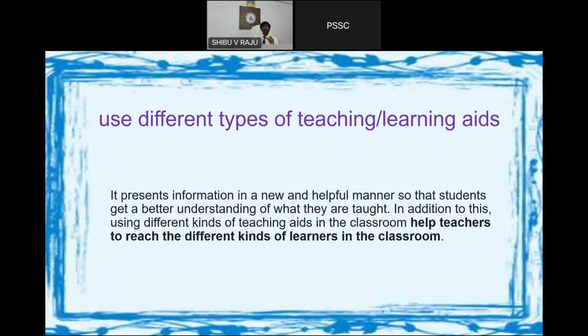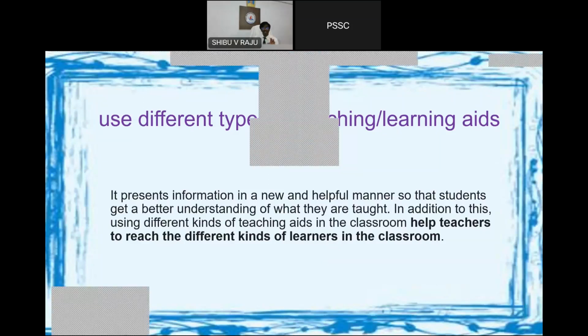So, use of different types of teaching or learning materials. What are the different kinds of teaching or learning materials? It presents information in a new and helpful manner so that the students get a better understanding of what they are taught. In addition, using different kinds of teaching aids in the classroom helps teachers reach the different kinds of learners in the classroom.